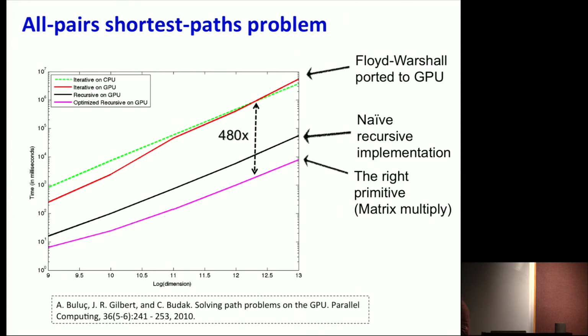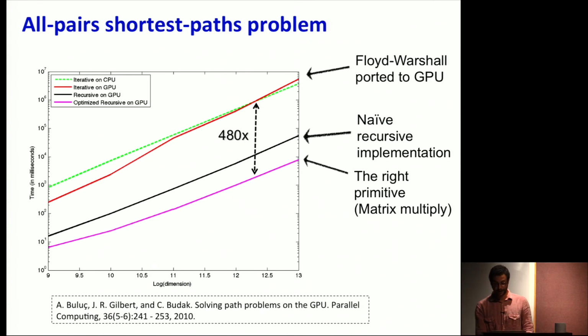If you do it recursively, you first get the red line, and then if you use the fastest matrix multiply available on the GPU, you get the purple line. The difference between doing it naively and using this algorithm that's rich in matrix multiplications is a factor of 480. So it makes problems that are ridiculously expensive doable.